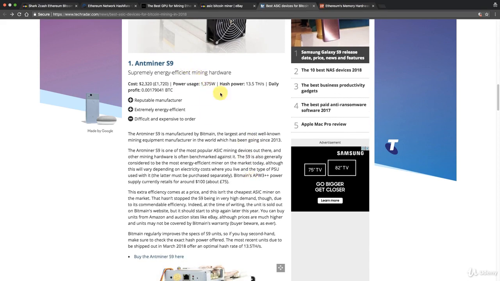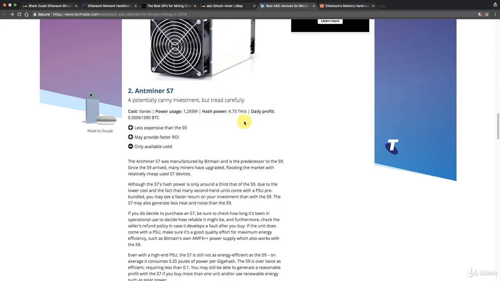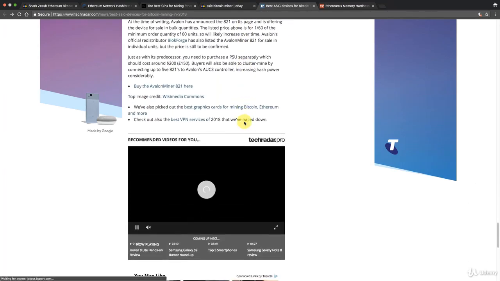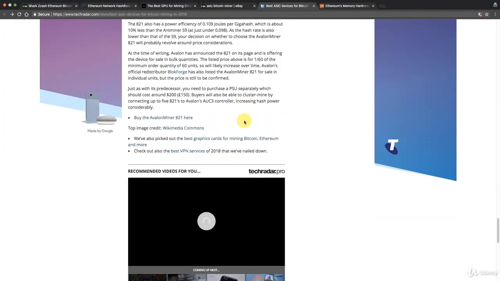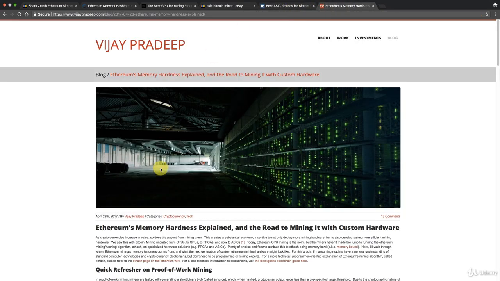Power usage is also pretty insane, so you need to calculate that and so on. So there we go. That's what they look like. Hopefully seeing what they look like will help you better understand and memorize what they are.